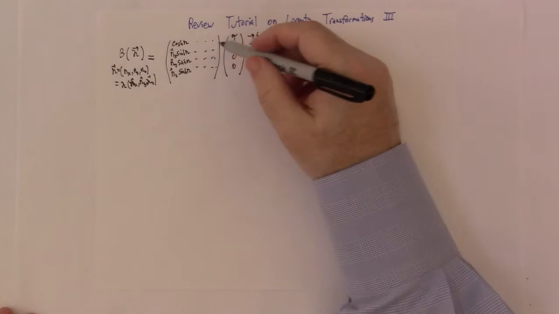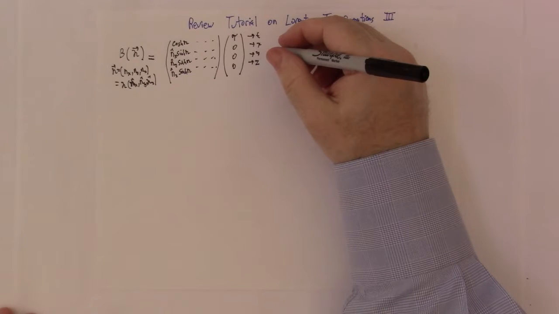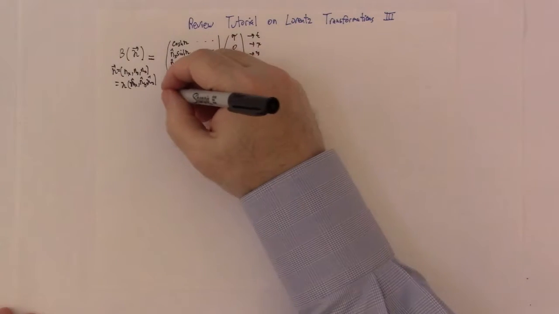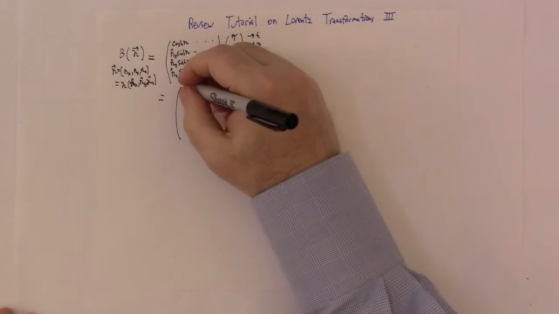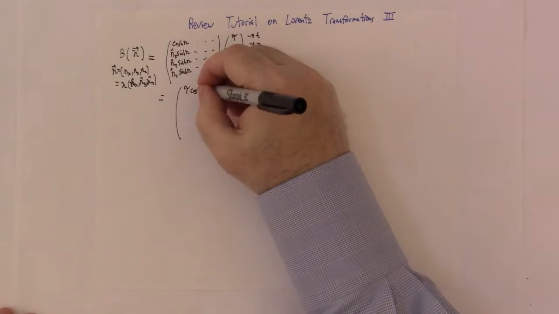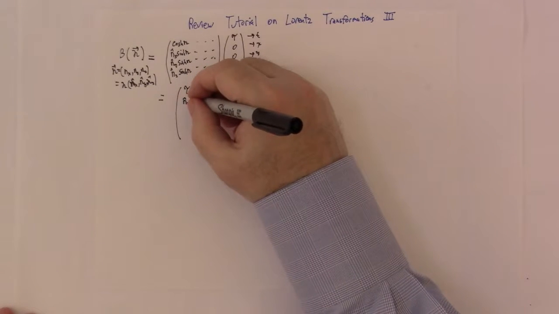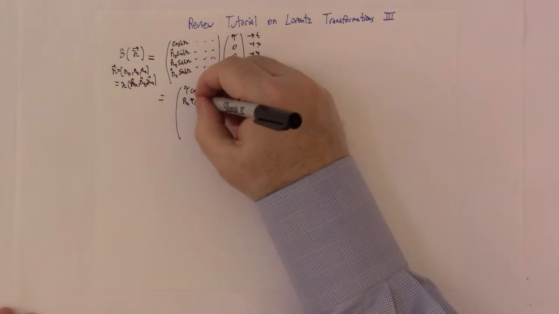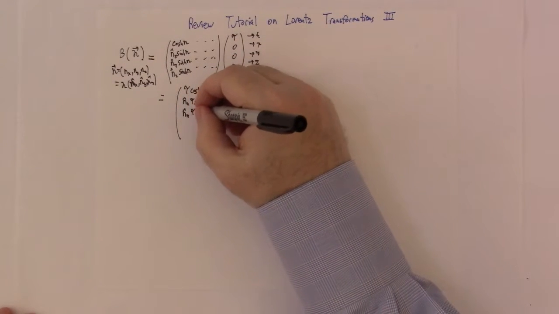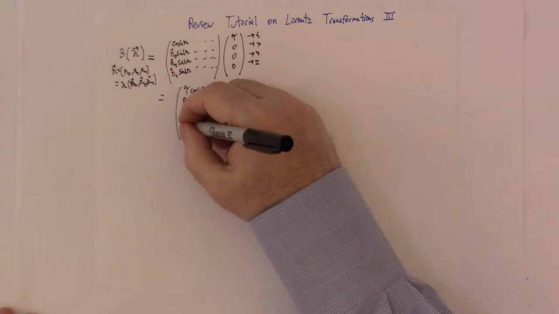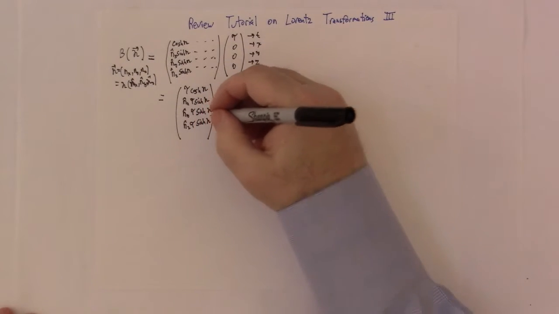The reason I don't need the other entries is because these three are all 0. So when we multiply this out, we get a parameterized world line that looks like this: tau cosh eta, eta x caret tau sinh eta, eta y caret tau sinh eta, eta z caret tau sinh eta.